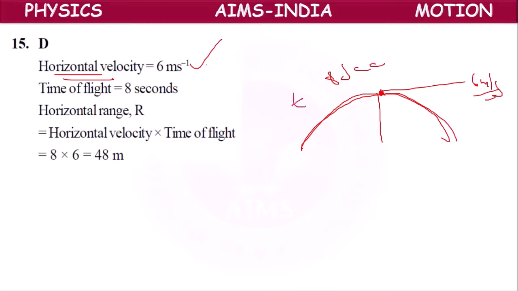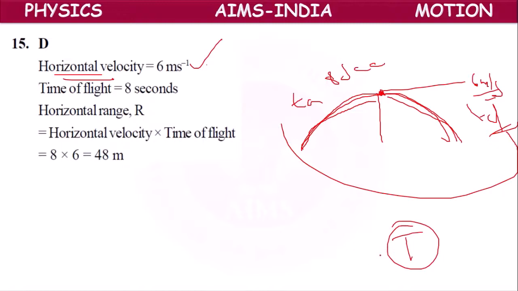The total time is 8 seconds. Total time means time of ascent while going up plus time of descent while coming down. Two together we call the time of flight, which is 8 seconds. But horizontal velocity is always the same.